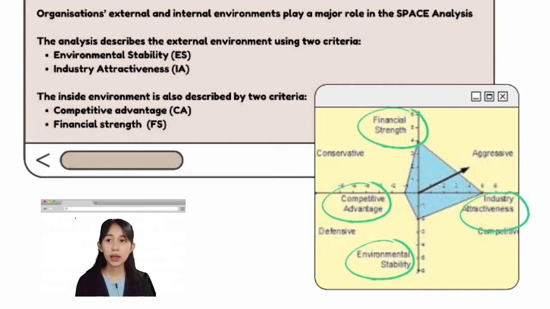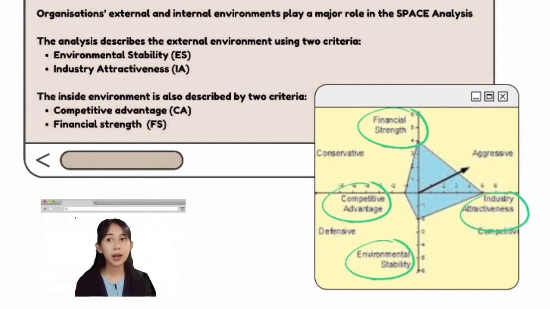While industry attractiveness is influenced by the following sub-factors like growth potential, profit potential, financial stability, complexity of entering the industry, labor productivity, capacity utilization, and bargaining power of manufacturer.